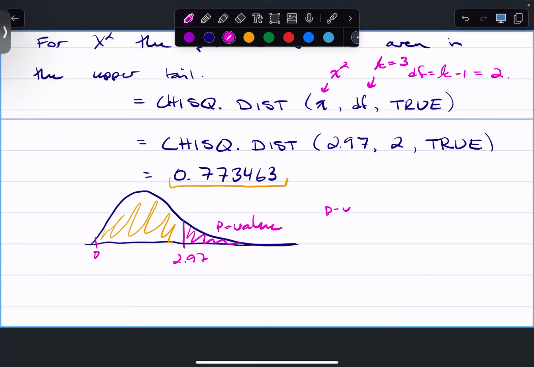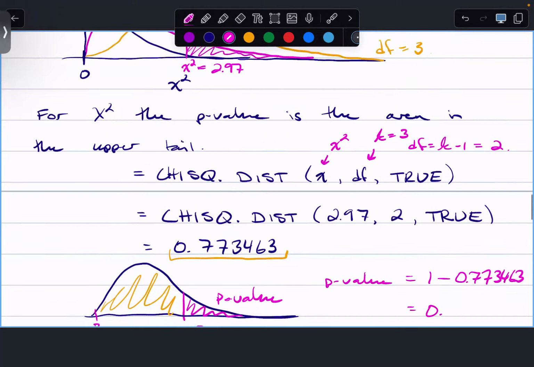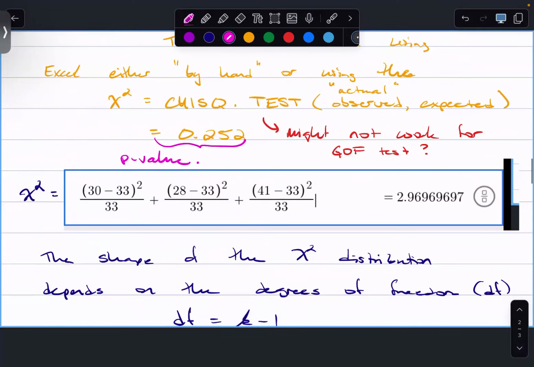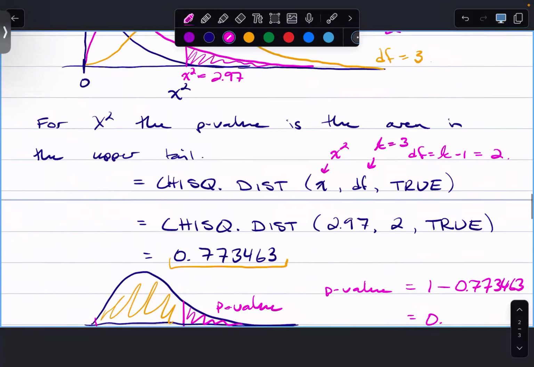So the p-value is going to be 1 minus 0.773463, because the area under the curve is always 1 since it's a probability. Hopefully that gives us the percentage of the tail. Yeah, the other function bypasses all the calculations and just gives you the p-value. Nice. Okay, so 0.226.